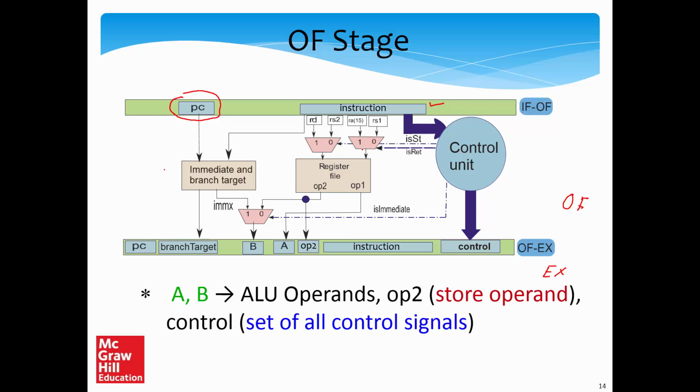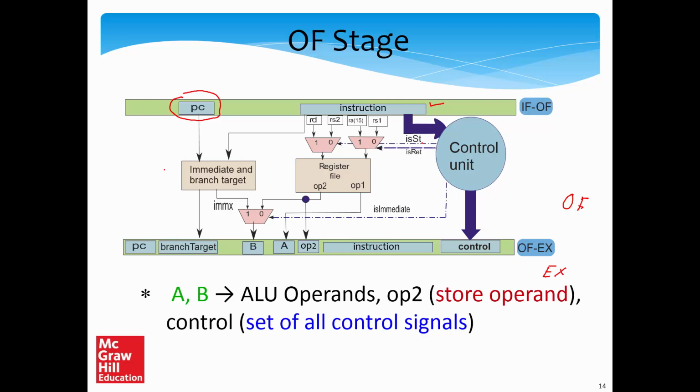So what we had designed in chapter 8 is that the register file had two read ports, two interfaces. The first read port read the first source register or the return address depending upon the isRet signal.